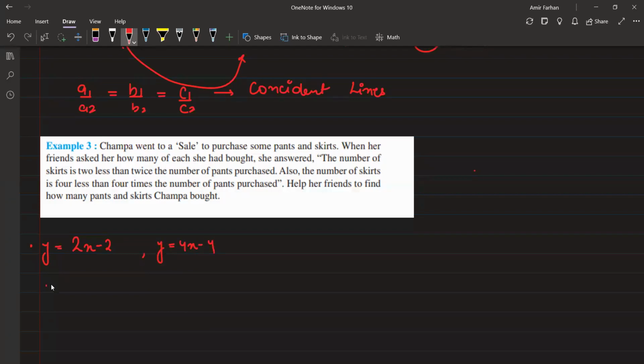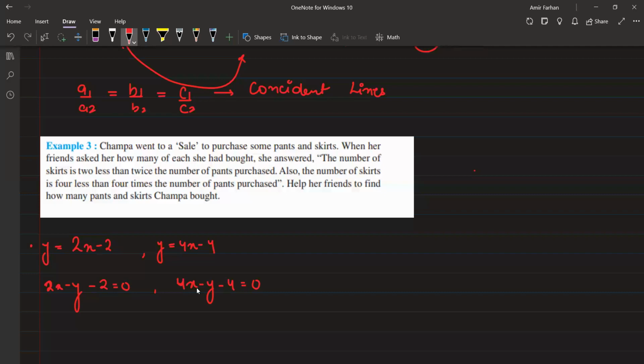So what we need to do is, yes or no? Yes, sir. 4x minus y minus 4 equals 0. Now, we will not find solutions for each.